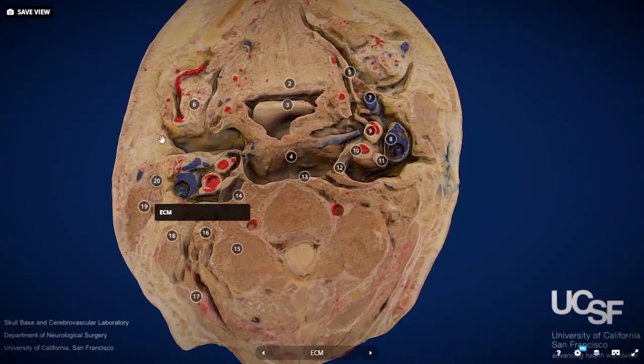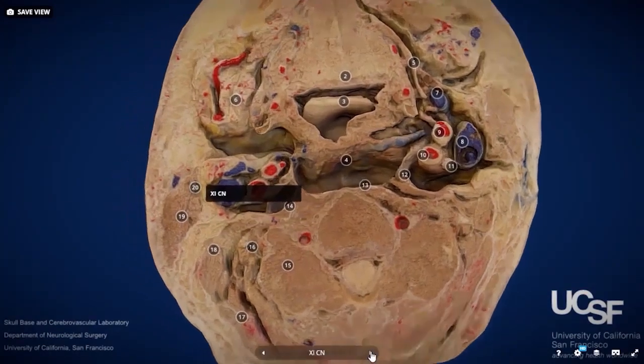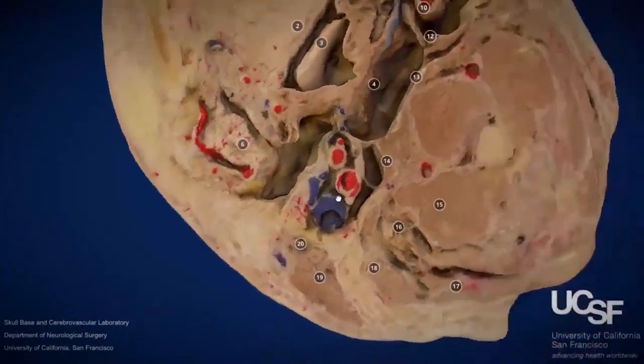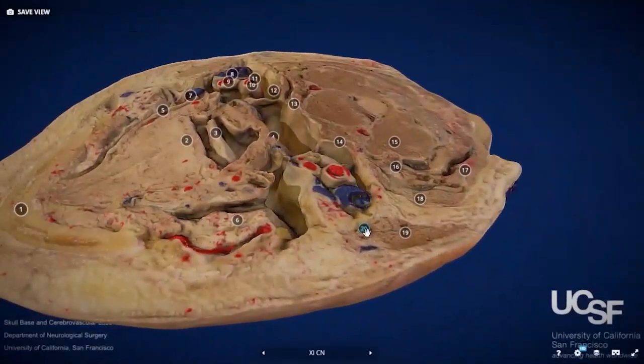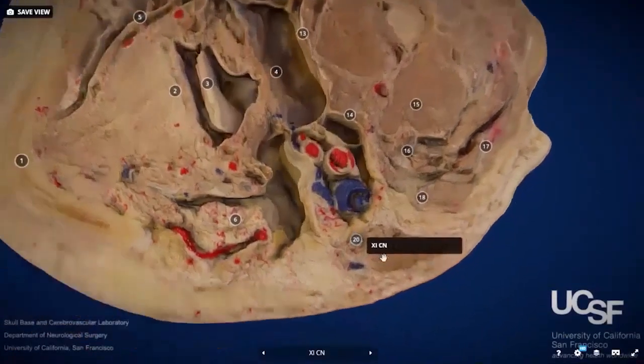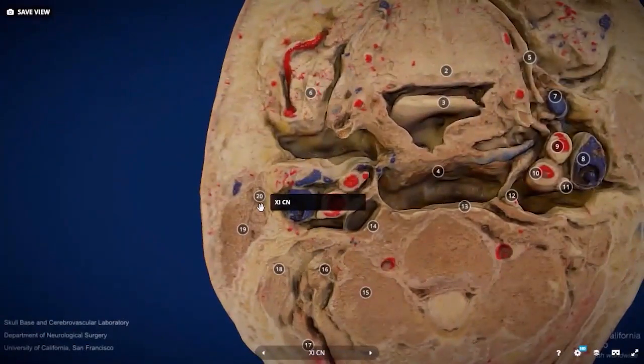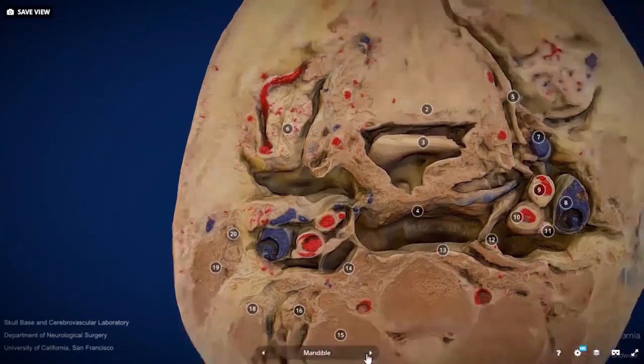And one of the muscles that serves as a landmark for anterolateral approaches is the sternocleidomastoid muscle. So this is a muscle that is usually retracted, but let's remember that there's an intimate relationship between this muscle and the spinal accessory nerve, the 11th cranial nerve.